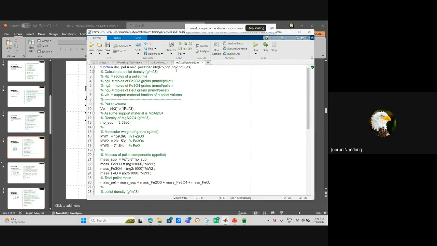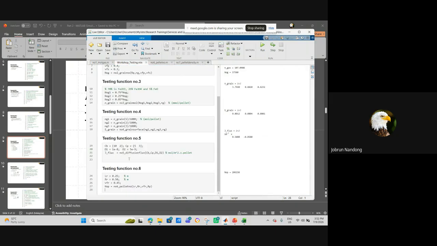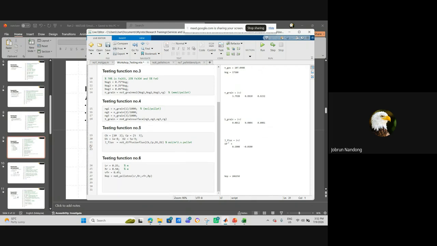So let us try this one. Copy. Testing function number 7.